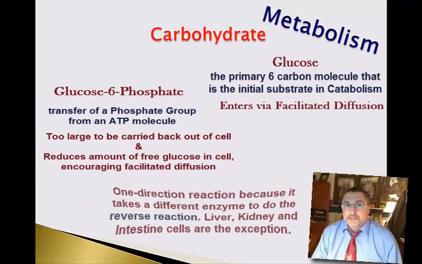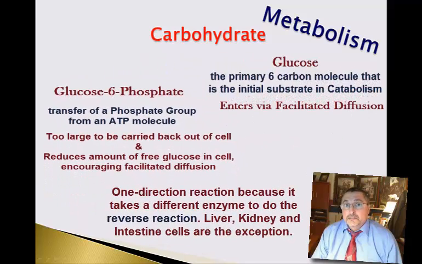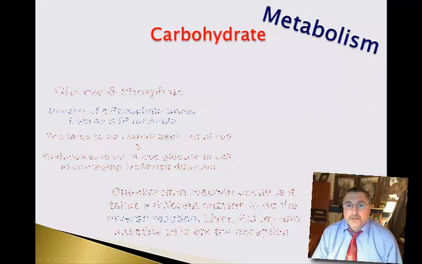Typically a cell does not have the enzyme necessary to do the reverse reaction, converting it back to glucose, with the exception of the intestines, kidney, and liver cells. As a result, we have glucose trapped. We have low concentrations of glucose inside the cell, which will permit us to continually facilitate diffusion to bring glucose in.